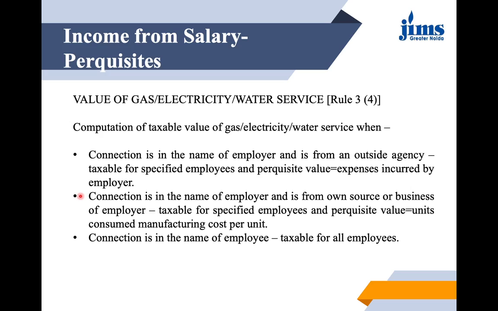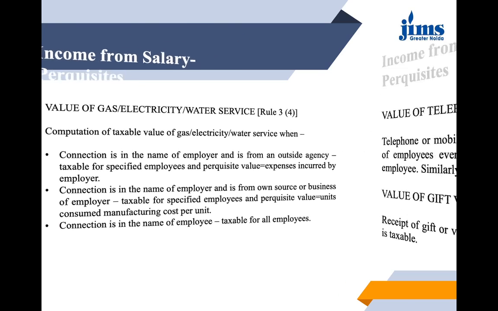In that case, the taxable amount would be for specified employees, and the perquisite value will be equal to units consumed at manufacturing cost per unit. Third, if the connection is in the name of the employee, then it is taxable for all the employees. So it depends on whose name the connection is in for these services like gas, electricity, and water services.